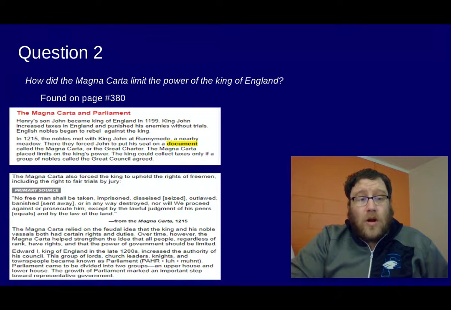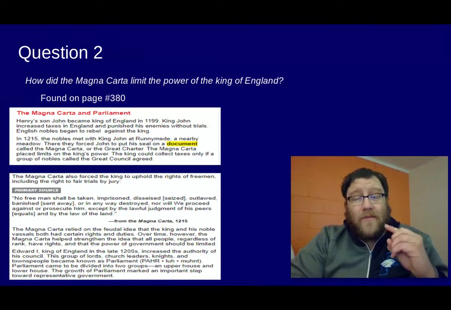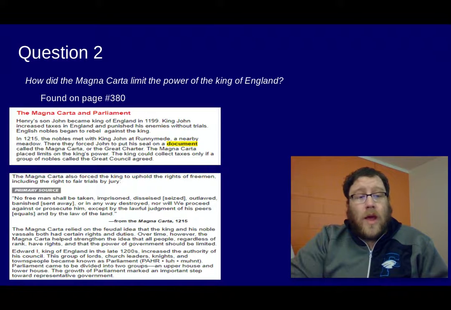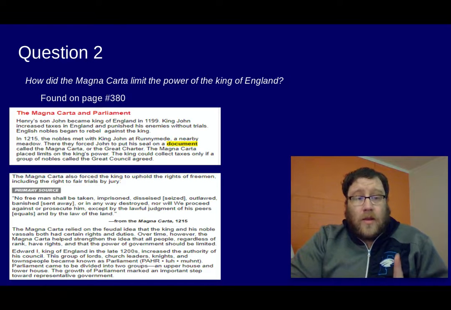The Magna Carta placed limits on the king's power. The king could collect taxes only if a group of nobles called the Great Council agreed. The Magna Carta also forced the king to uphold the rights of free men, including the right to fair trials by jury.